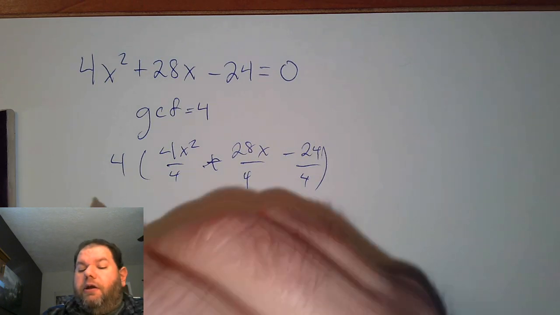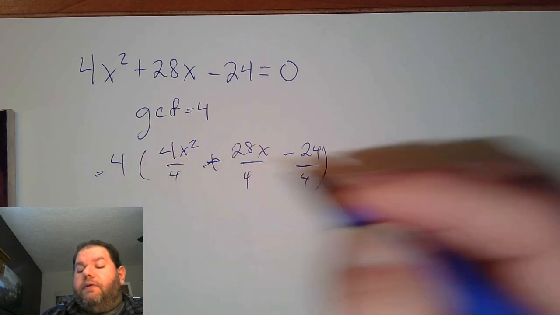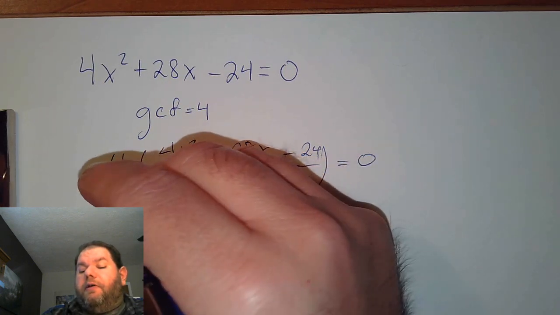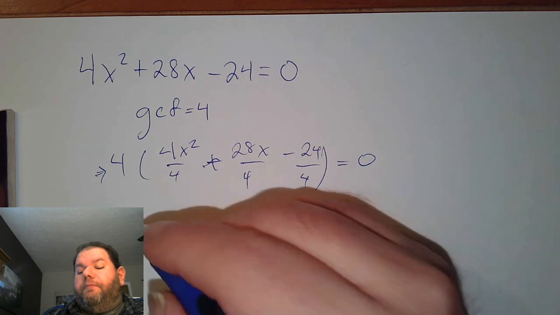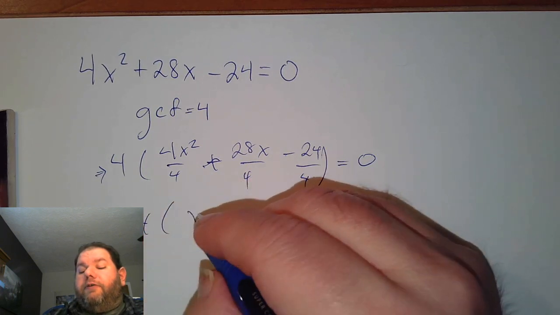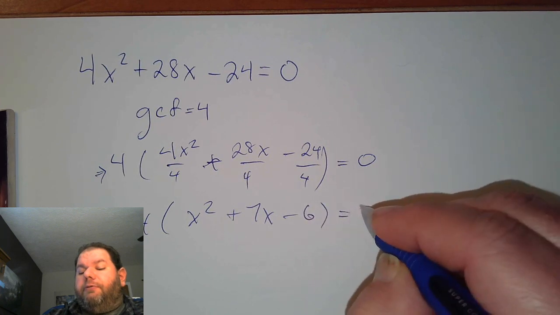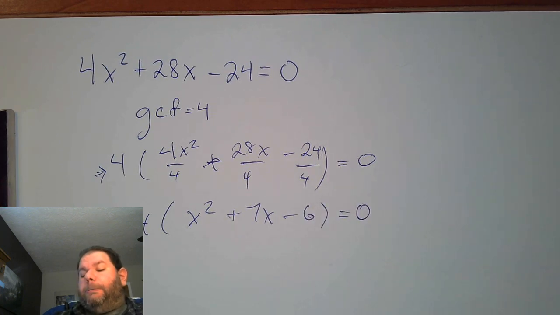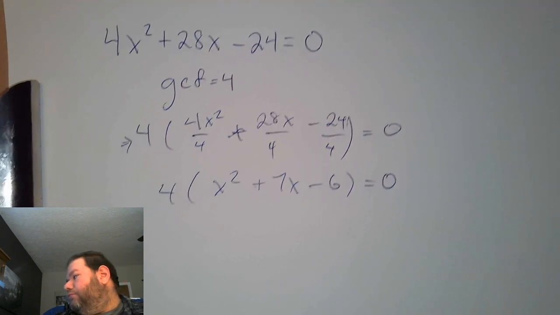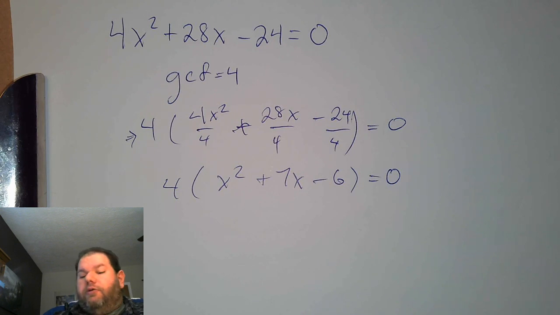Okay, and so if we go ahead and divide those, they equal 0. We have x squared plus 7x minus 6 equals 0. Don't know if that's factorable.